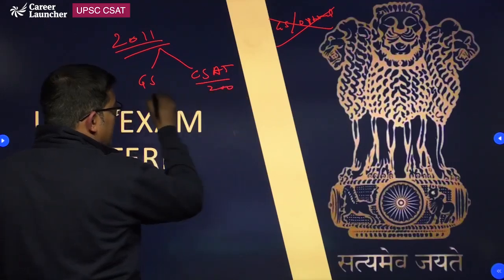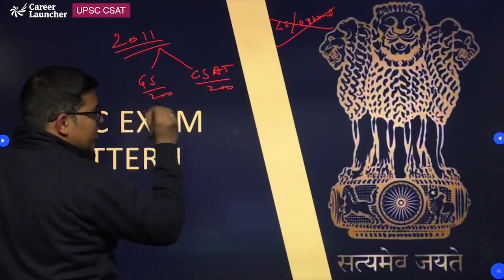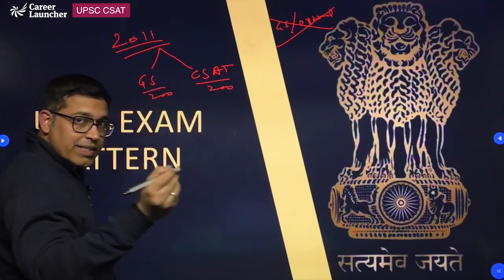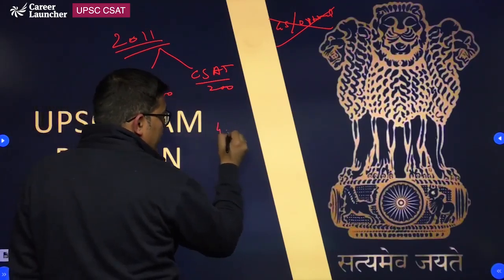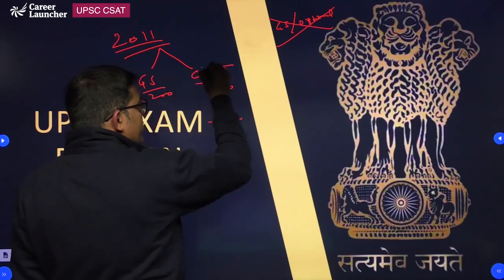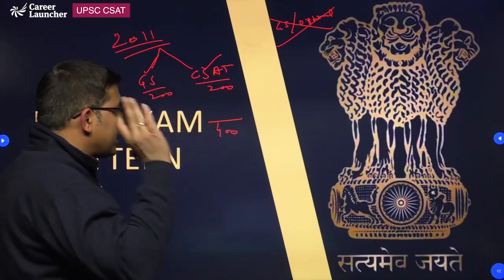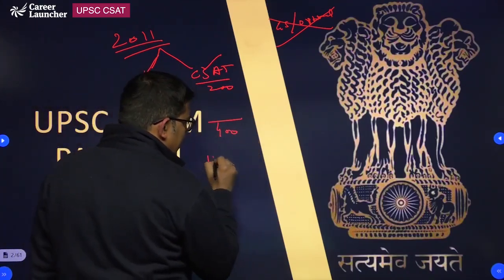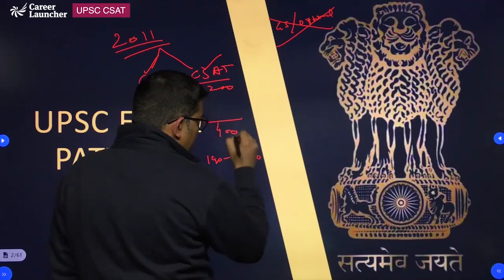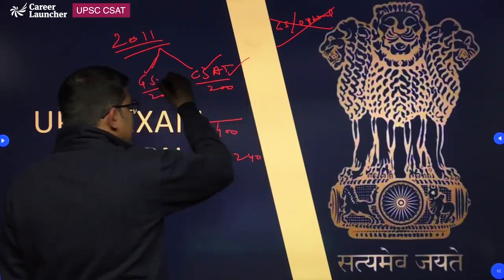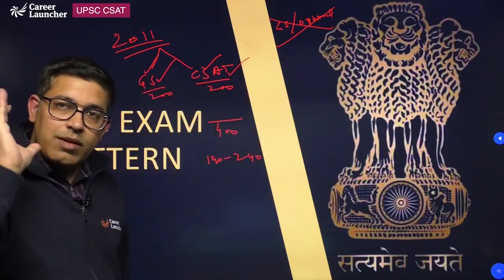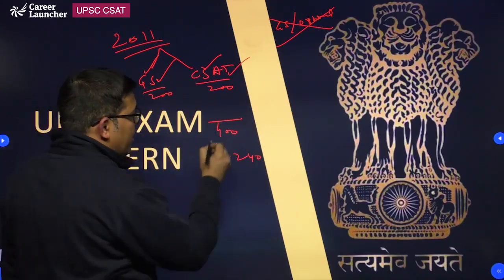Both are 200 markers, and your selection from prelims to main examination used to be done from 400 marks. So both CSAT and GS marks were counted at that time, and the cutoff used to be between 190 to 240. Your CSAT marks plus your general studies marks were added, and then the prelims cutoff comes in.